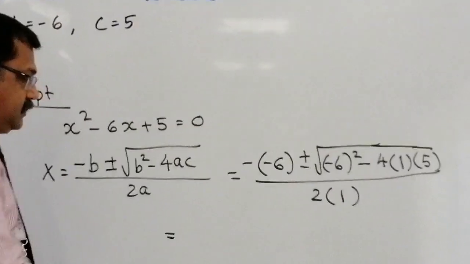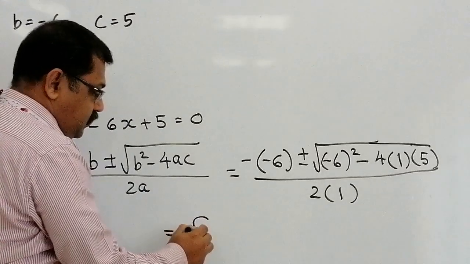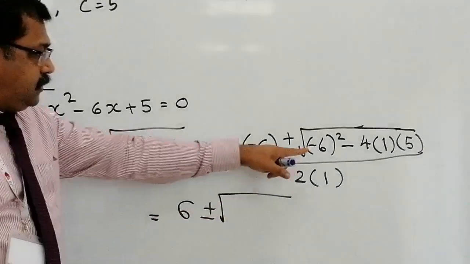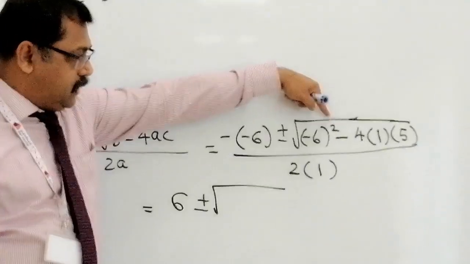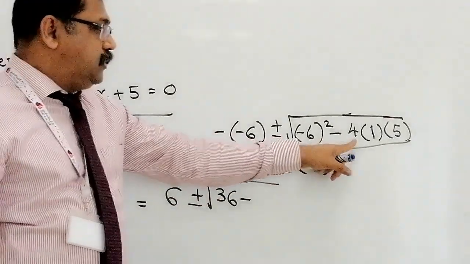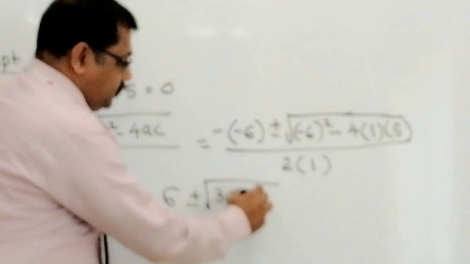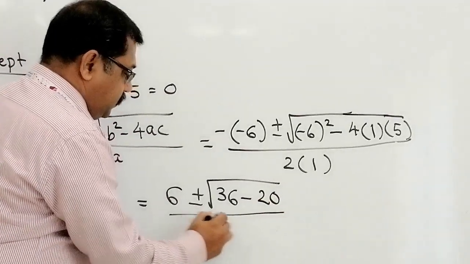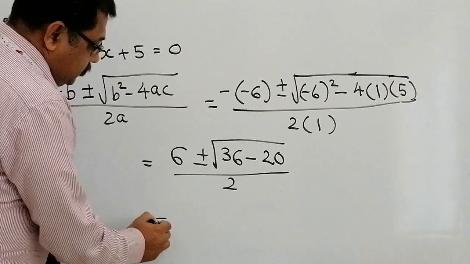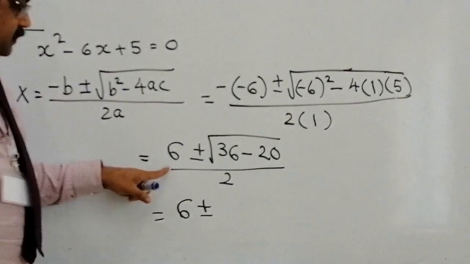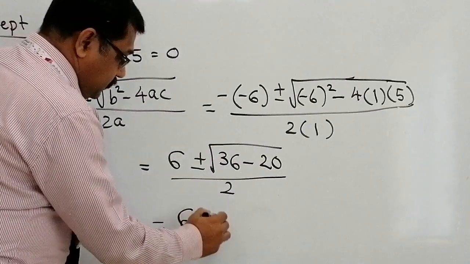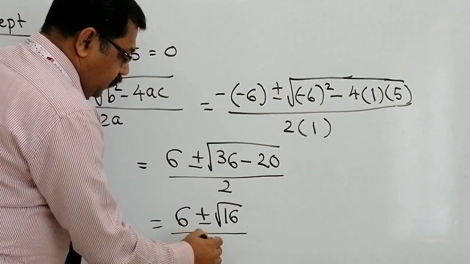When you simplify this, minus of minus 6 is positive 6, plus or minus square root of minus 6 squared, that is 36, minus 4 multiplied by 1 multiplied by 5, that is 20, whole divided by 2. So it is 6 plus or minus, 36 minus 20 is 16, root of 16, over 2.